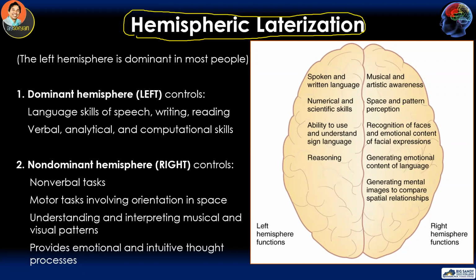If somebody touches you on the left hand, for example, it will be processed by the right brain, the right hemisphere. So that's the general control. Left controls the right. Now, this is another piece of information about the special functions of these hemispheres, or parts of the brain.